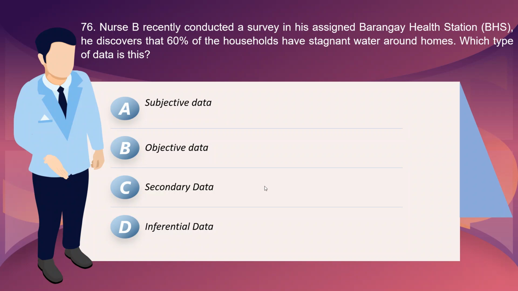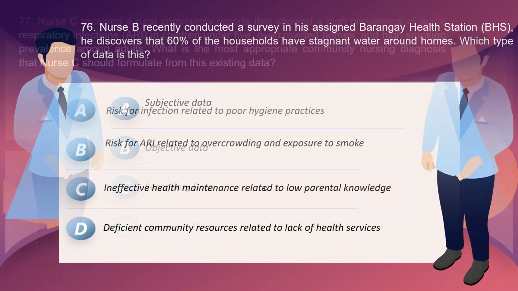So in this case, if there is direct observation of stagnant water, as I mentioned, that is objective. And of course, Maglaya notes that assessment should integrate primary data, that is direct observation, from the source of the information. So number 76 is letter B.